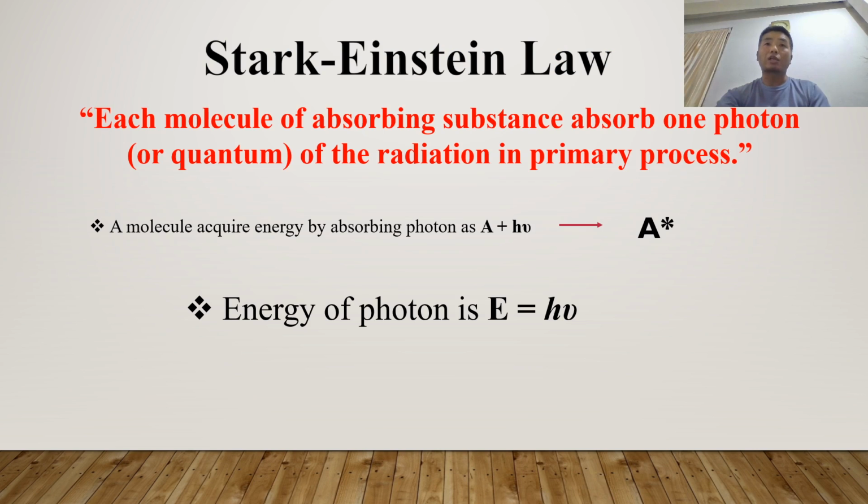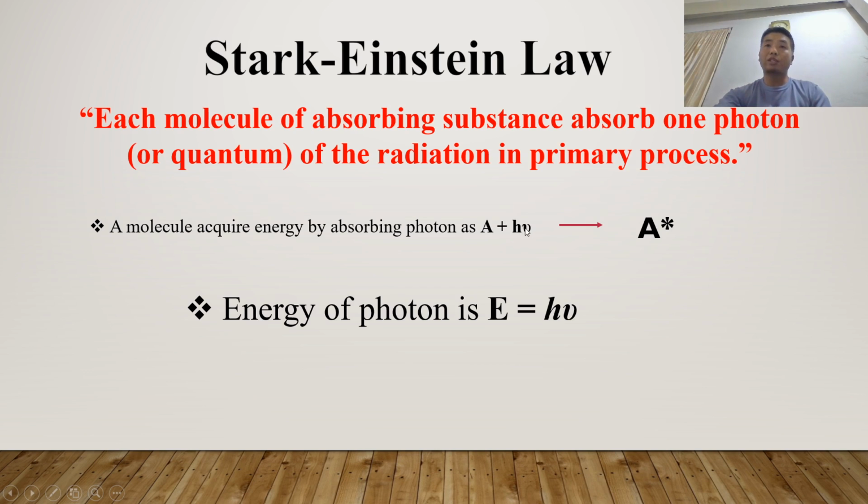In Stark-Einstein law, this is also one of the very important laws. Each molecule of absorbing substance absorbs one photon or quantum of the radiation in the primary process. A molecule acquires energy by absorbing a photon as A plus h nu. A is the substance which absorbs h nu amount of radiation.